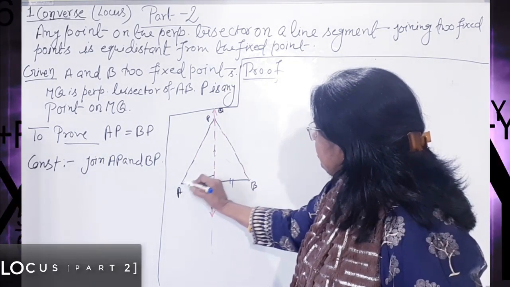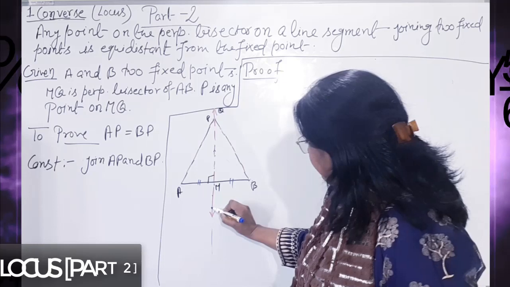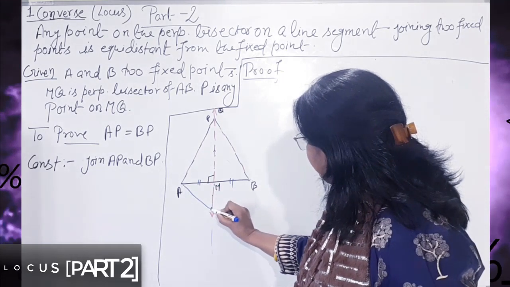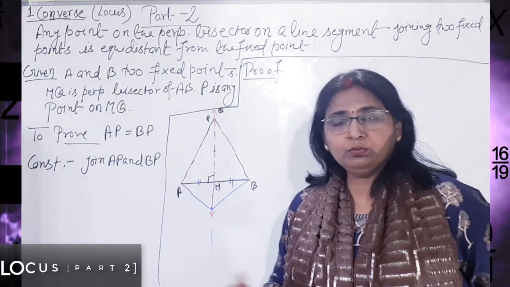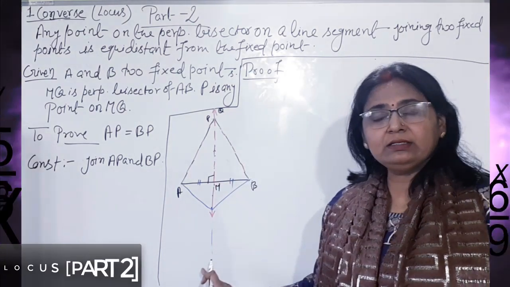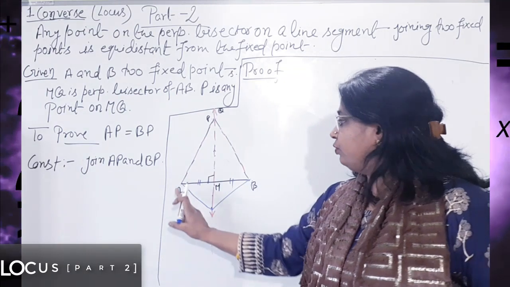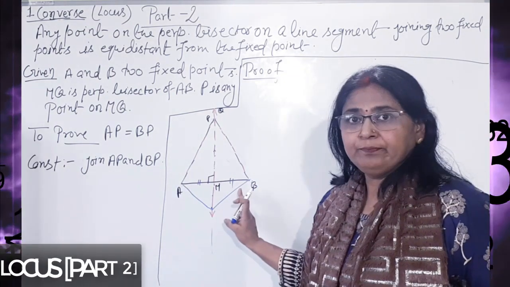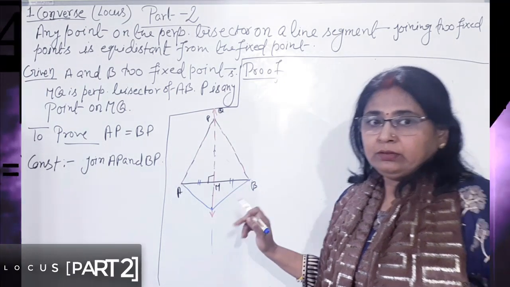Suppose this line is equal to this line. That means any point on the perpendicular bisector is equidistant from the given two points. That we have to prove. Okay.